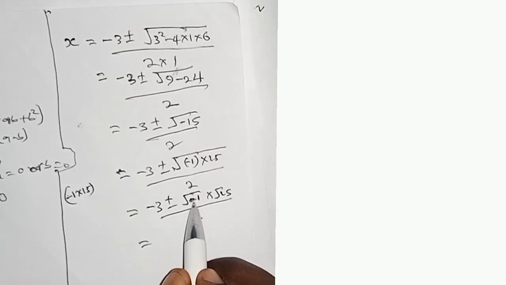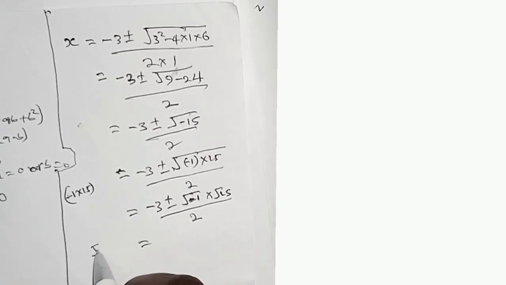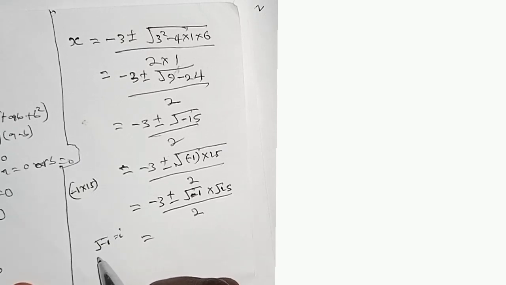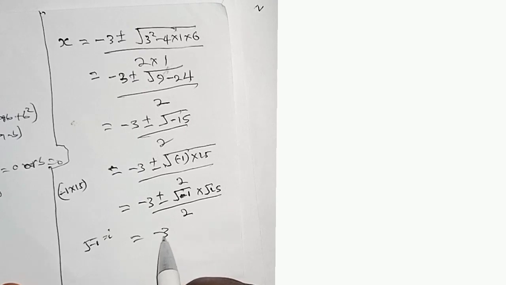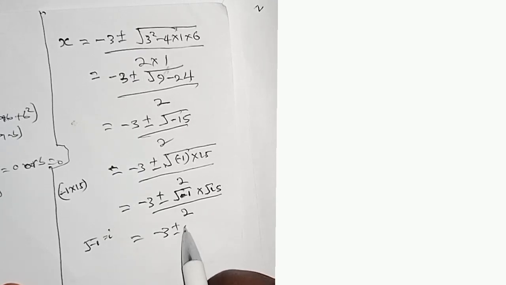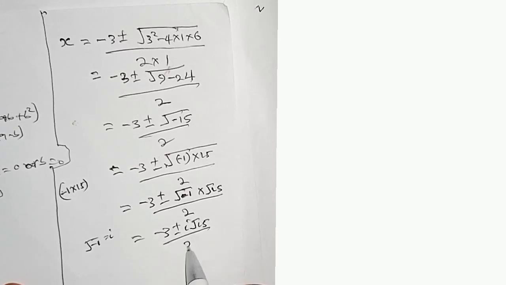In this case, you know that root minus 1 is i, so I'm going to replace it with that. Then this is minus 3 plus or minus i root 15 divided by 2.